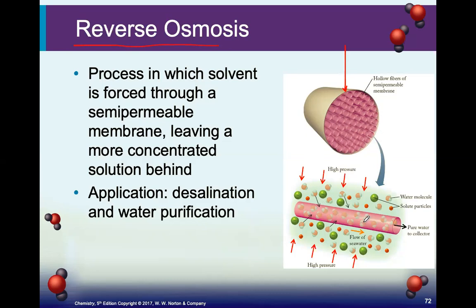Since the membrane only allows water to travel through, you're going to start collecting water here, and this water is going to travel downwards by gravity into the exit of the reverse osmosis process. And so you're going to have a flow of pure water coming through those tubes.